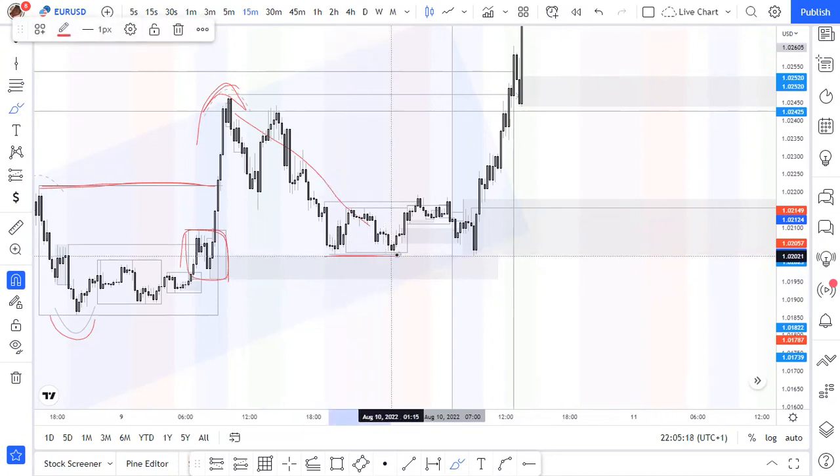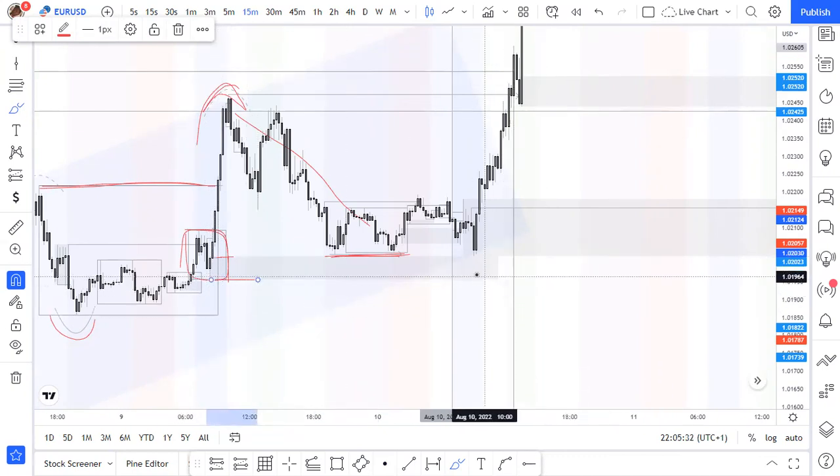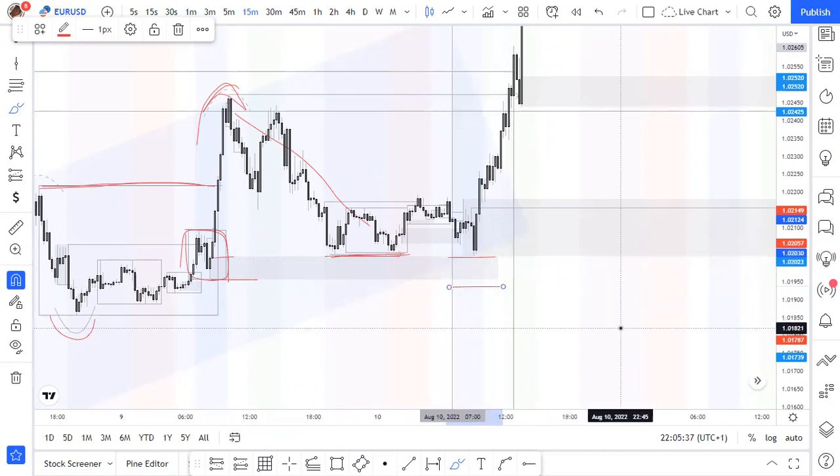This is a textbook setup. That's when you start applying liquidity concepts to your trading. You can say, okay, we have liquidity just above our area of interest. Then you can maybe look for some kind of buys whenever price gets down here.